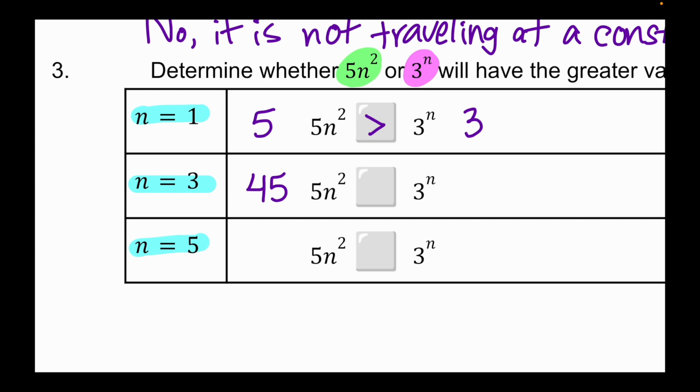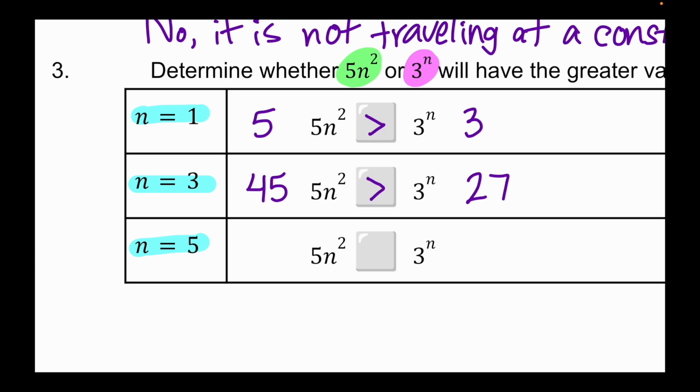This is going to give us 27. Sorry, 81 is if we had one more. So this would be 27, because 3 times 3 is 9, and then 9 times 3 is 27. So it looks like my number on the left is still bigger, so I'm going to put a greater than symbol here.